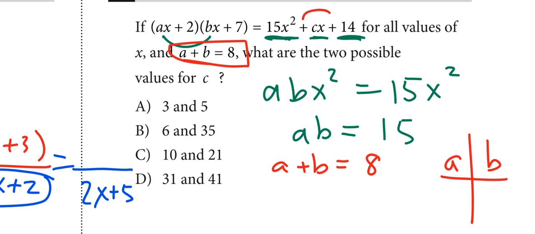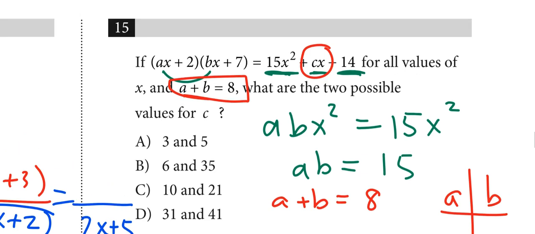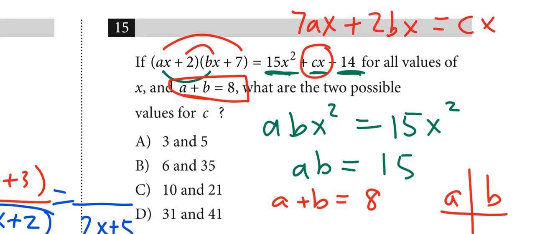Now the only way to figure out this middle term, which is the C value, is for us to do part of the FOIL process, the outsides and the insides. So the outsides would be 7ax, the insides would be 2bx. We know that that equals 2cx.